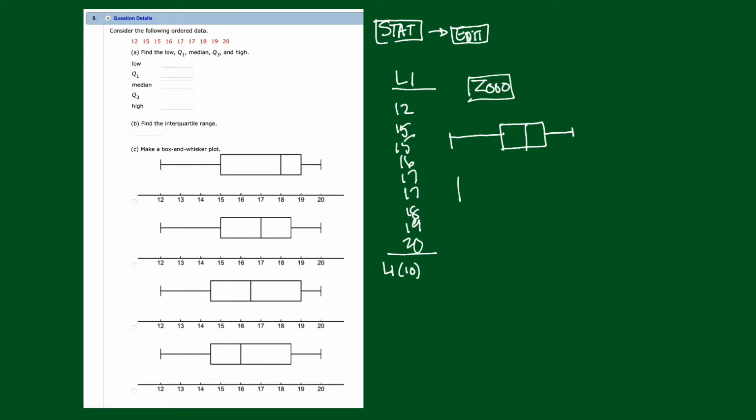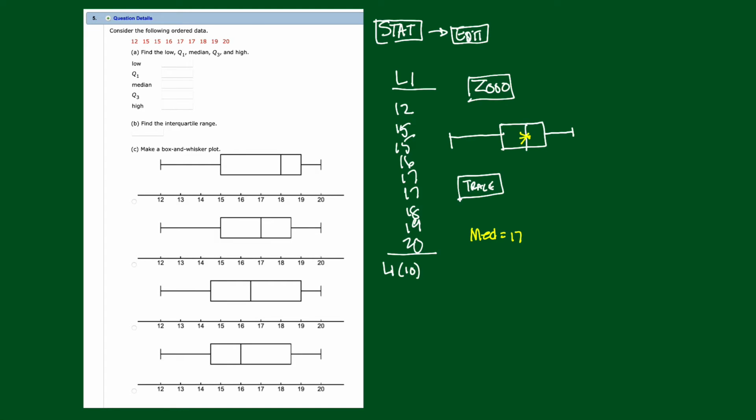Now press Trace, right next to the zoom key. When you press the Trace key, a cursor comes up right in the middle, right on the median. At the bottom of your calculator screen, it says the median is 17.